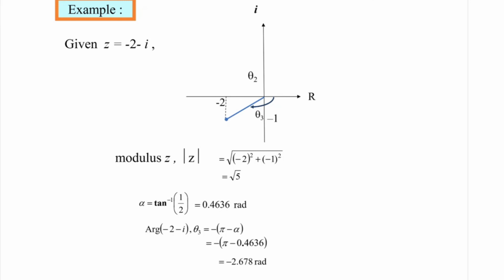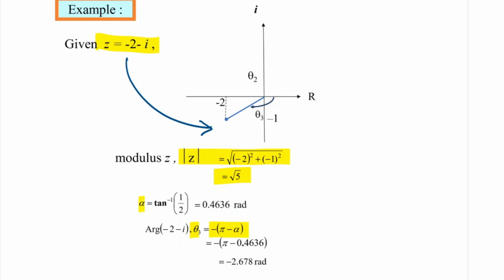For z equal to -2 - i, it is on the third quadrant. Modulus z equal to square root of (-2) squared plus (-1) squared equal to square root 5. For argument, theta equal to negative of pi minus alpha.